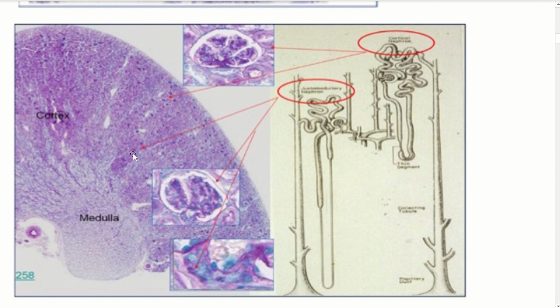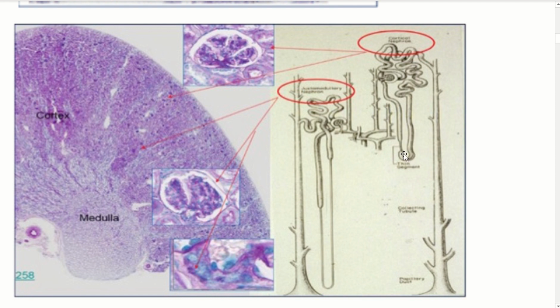So juxtamedullary nephrons. Okay, and so they're a little bit different. The main difference is going to be this segment right here, remember, and this is that loop of Henle, this very long loop of Henle in the juxtamedullary nephrons compared to this very tiny loop of Henle in the cortical nephrons.